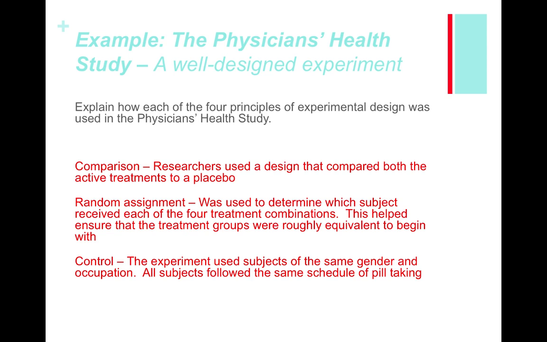Some occupations have certain stress levels that can affect your heart as well as cancer, and other things that are involved in occupations. So all subjects followed the same schedule also, so it wasn't like they were taking it in the morning or in the afternoon; they were all taking it at the same time.